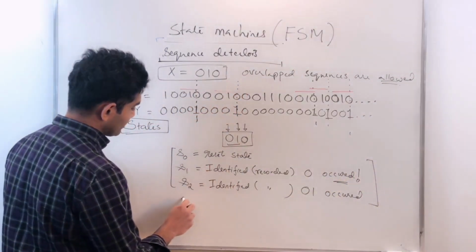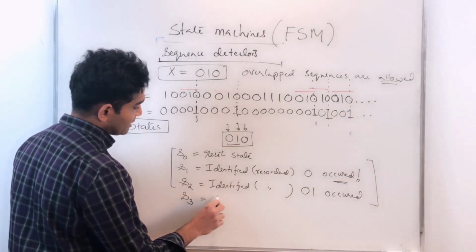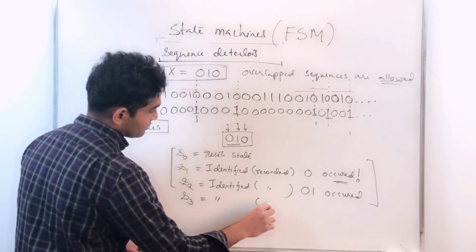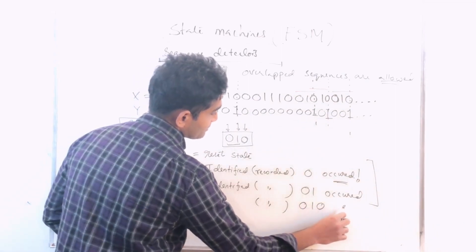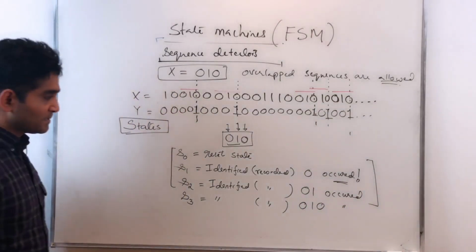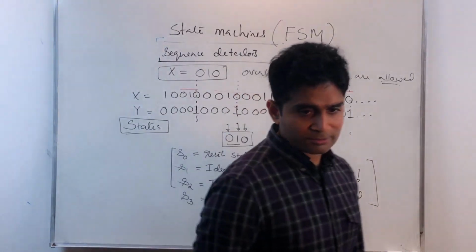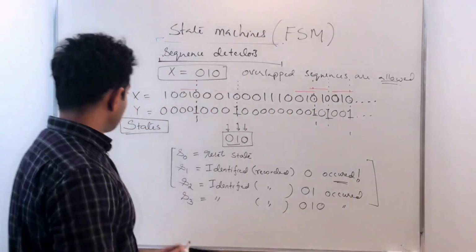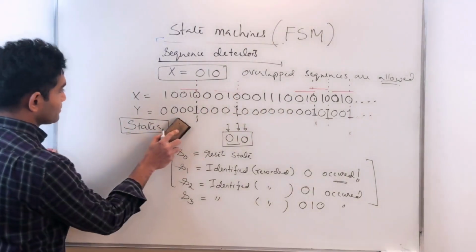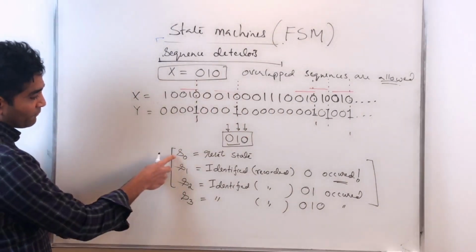Let me define S3 as a state that has identified or recorded that a 0, 1, 0 has occurred. So that's how I define my states in this case, right? Now with that information, let us draw the state diagram. How many states do I have? I have 4 states.